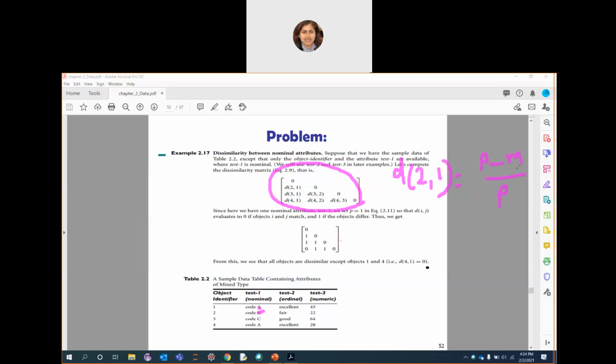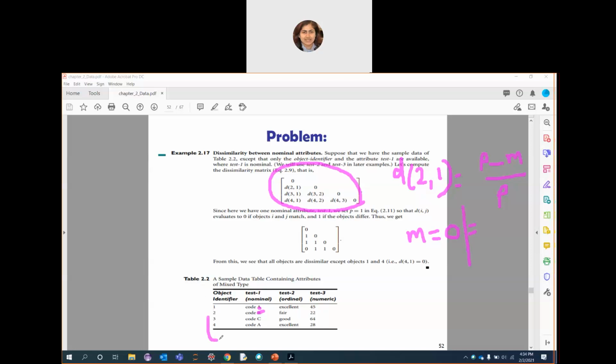So first we need to find out the match. For d of 2, 1, are they similar? They are not similar, they are different. Code A and code B are totally different. So the match will be 0. If there is a match, then the match value will be 1. So if M is 0, what is P?